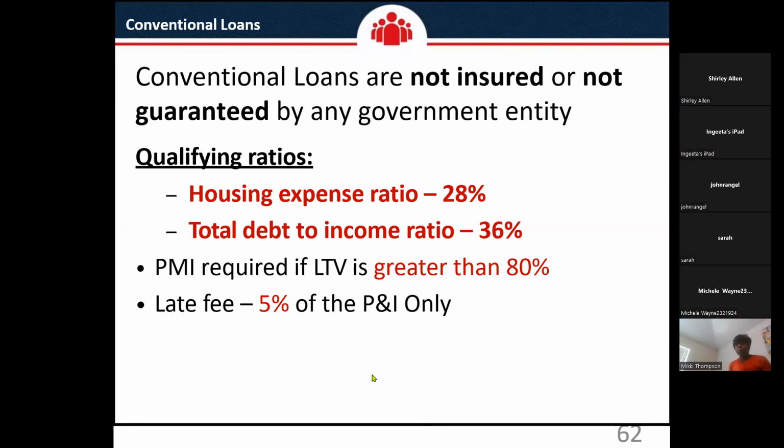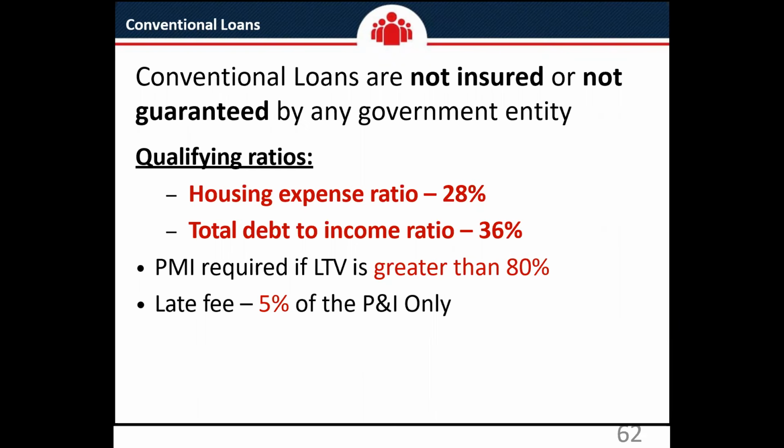Somebody asked, you said a conventional loan is a GSE? GSE is a government-sponsored entity. That would be Fannie or Freddie. That was not the definition of a conventional loan. They are the secondary market players.